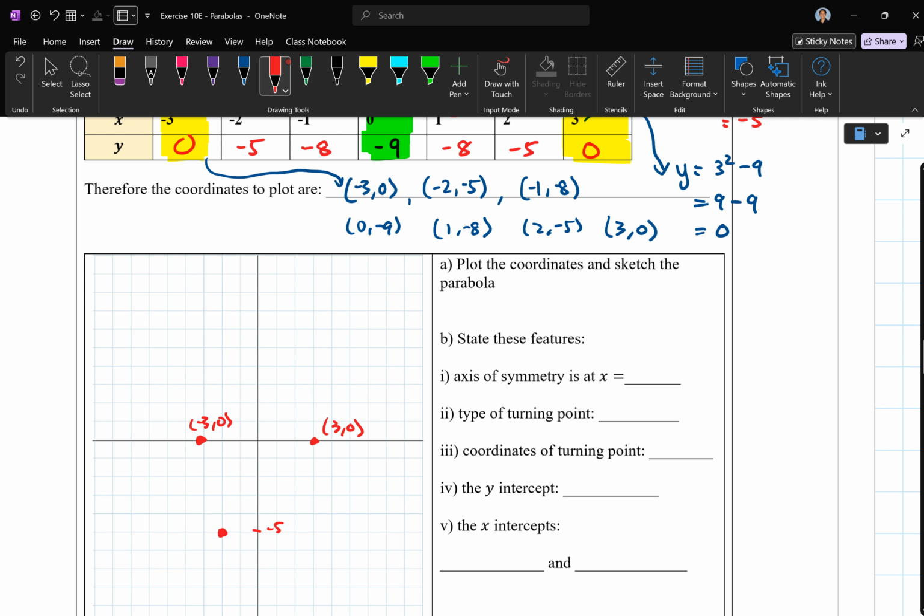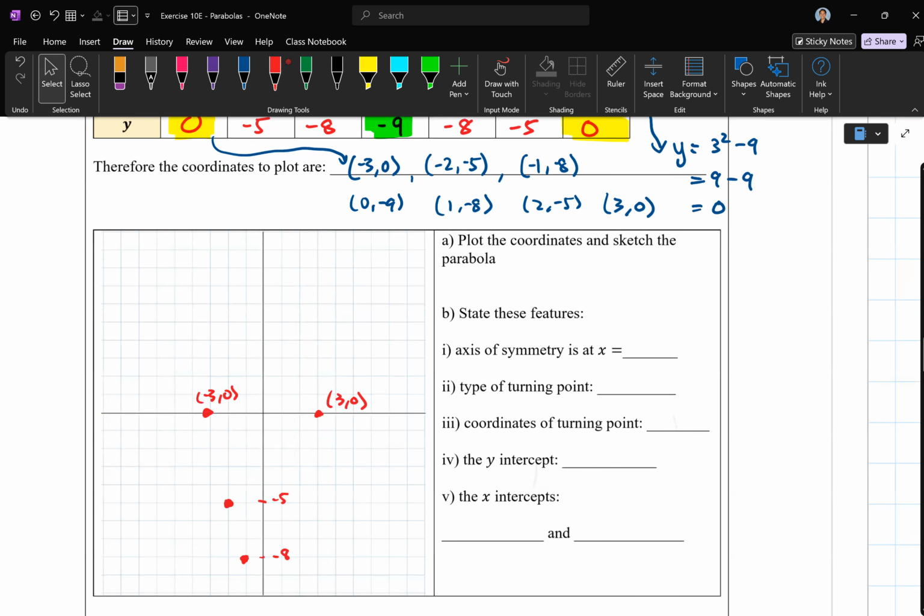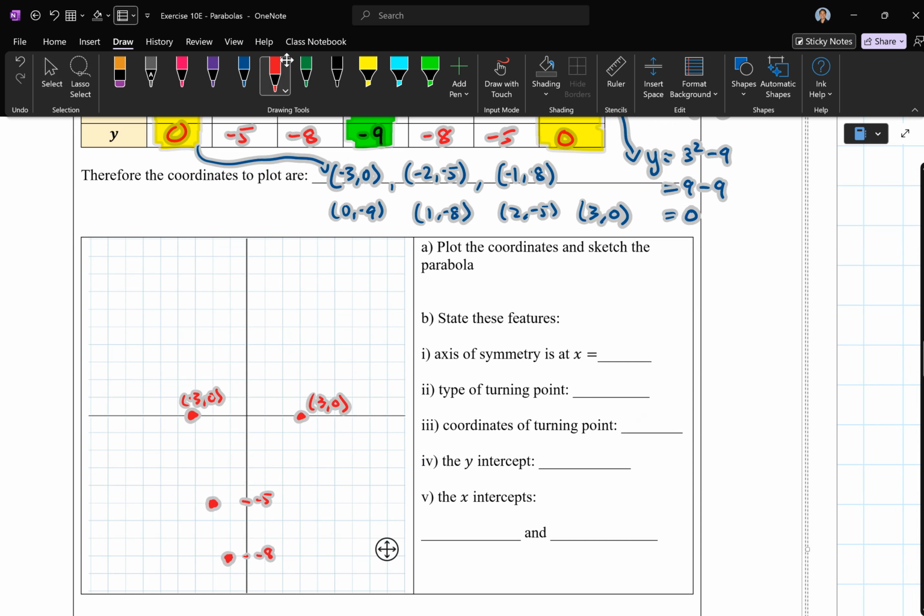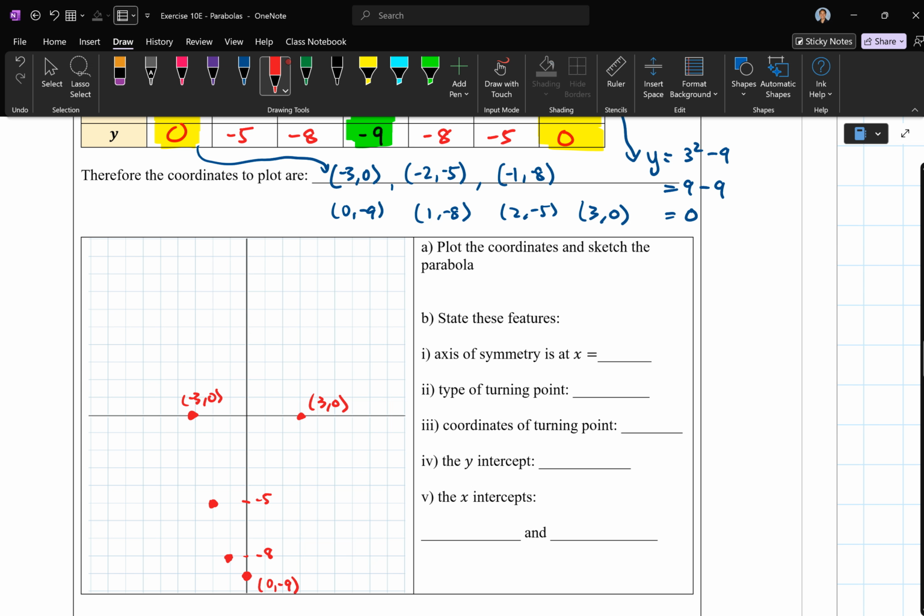Then you've got negative 1, negative 8. 6, 7, 8. So negative 8 is here. Lastly, you've got 0, negative 9. And then it's symmetrical. So you should find that it ends up looking quite symmetrical.